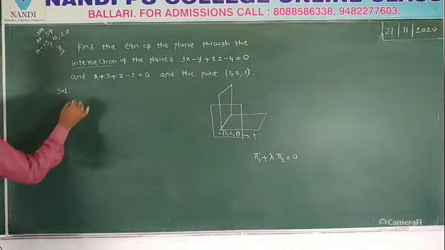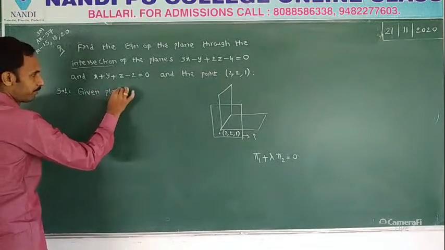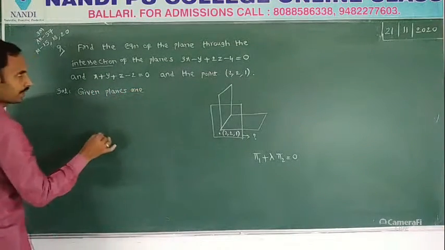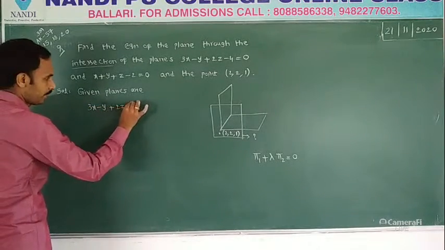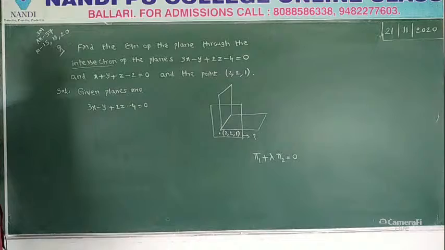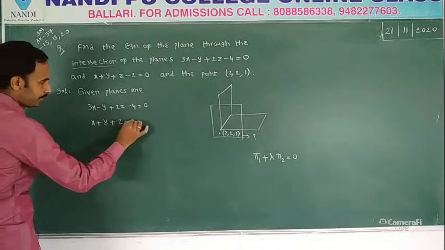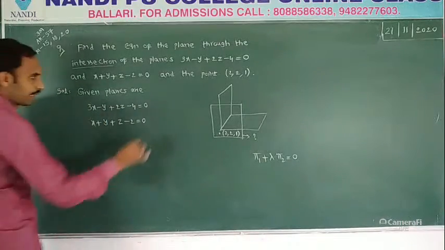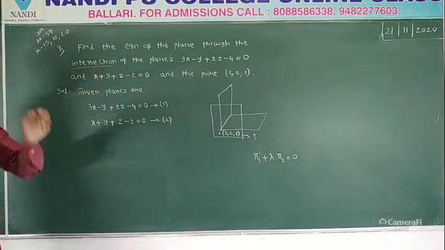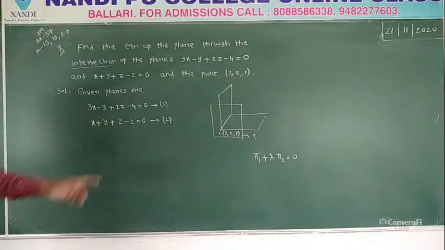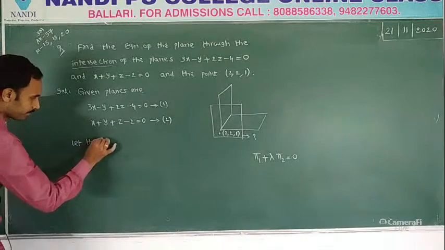Right, given planes are 3x minus y plus 2z minus 4 is equal to 0, x plus y plus z minus 2 equal to 0. Take this as equation 1, this as equation 2. We know the formula.